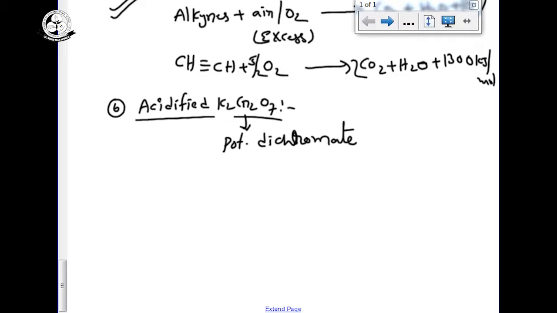Alkynes react with acidified K2Cr2O7; the reagent we use here is K2Cr2O7 plus sulfuric acid. Acidified K2Cr2O7 means a mixture of these two. Acetylene can be converted into acetic acid. These are orange colored.